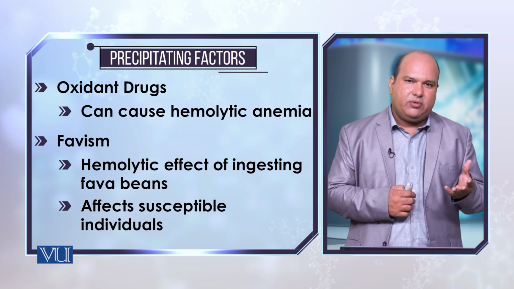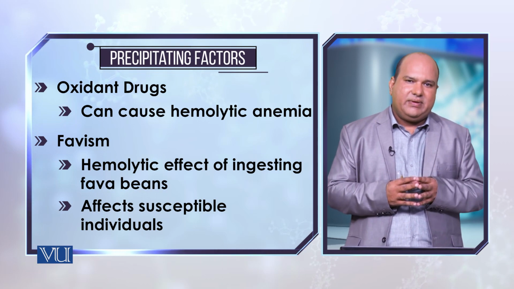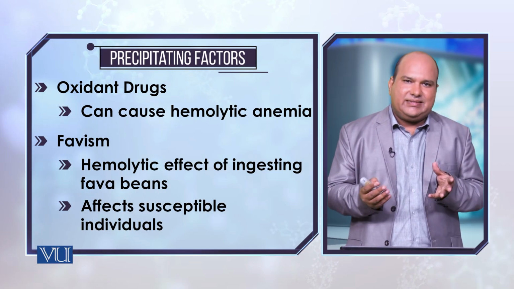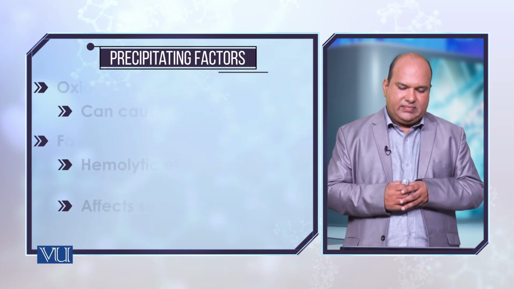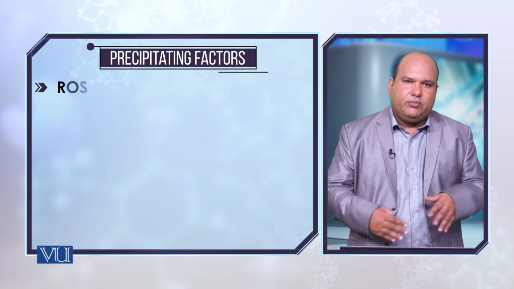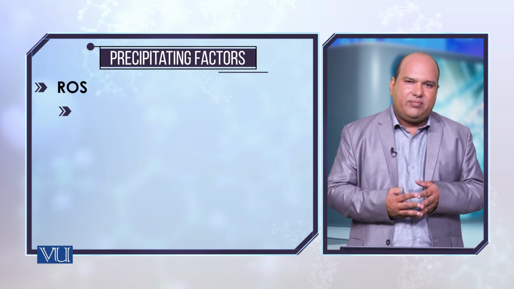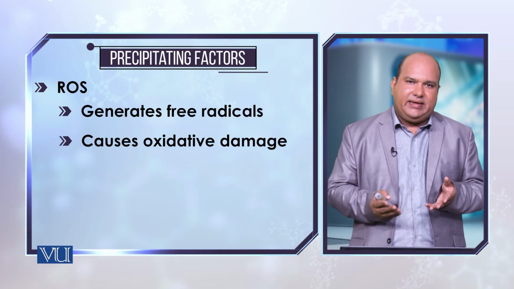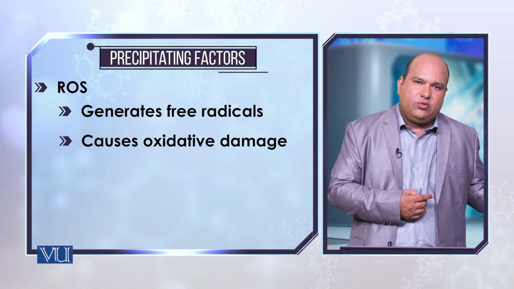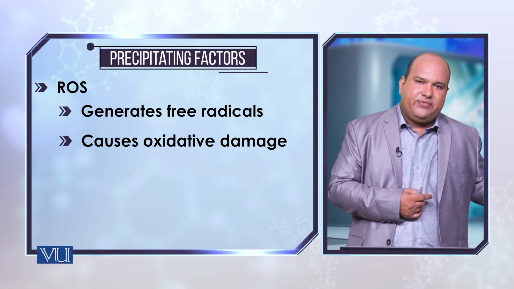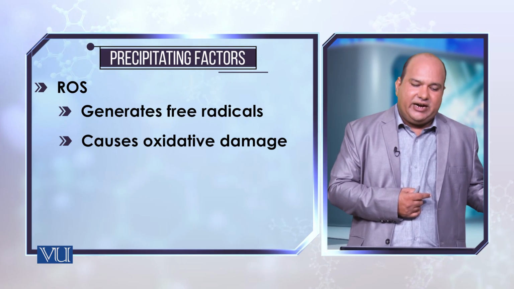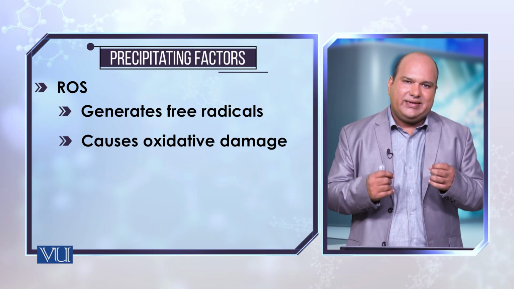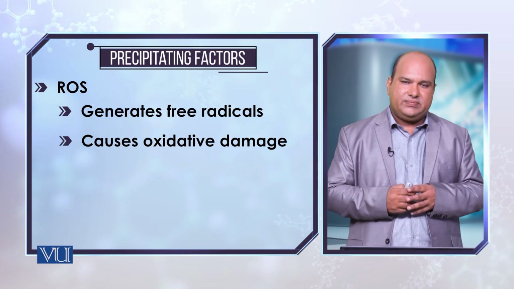The effects of hemolytic anemia can be enhanced then. Of course, if more and more free radicals are formed in your body because of whatever reasons, then because there is no neutralizing agent, because of the defect in glucose 6-phosphate dehydrogenase, it will enhance the damage more and more.